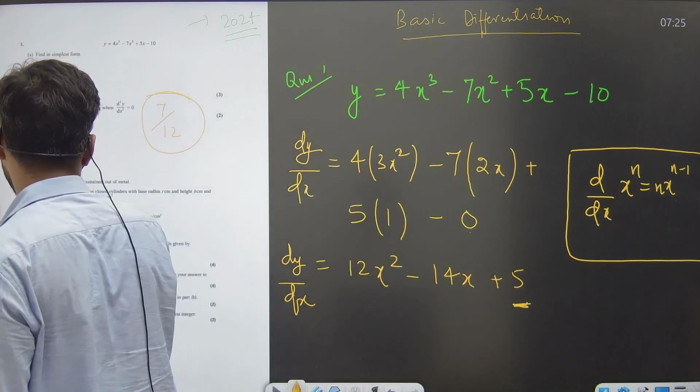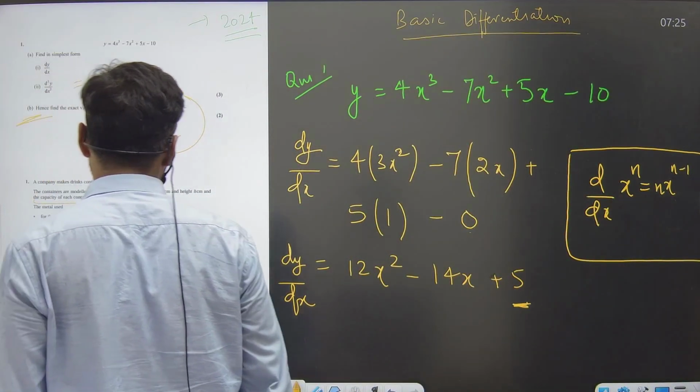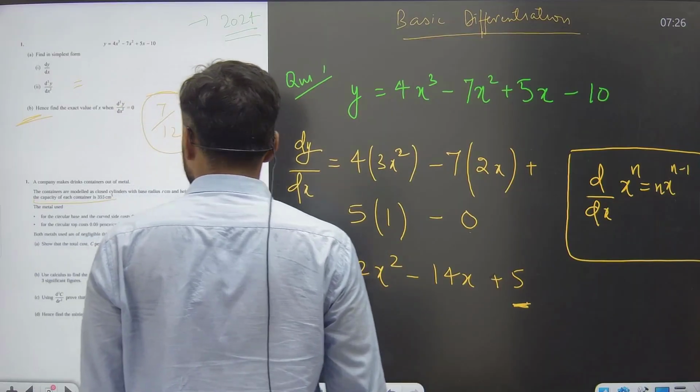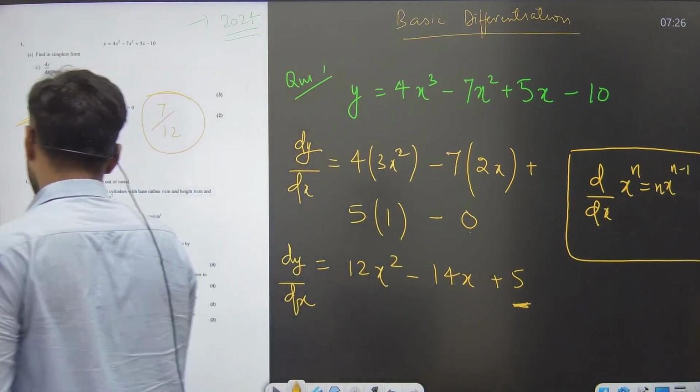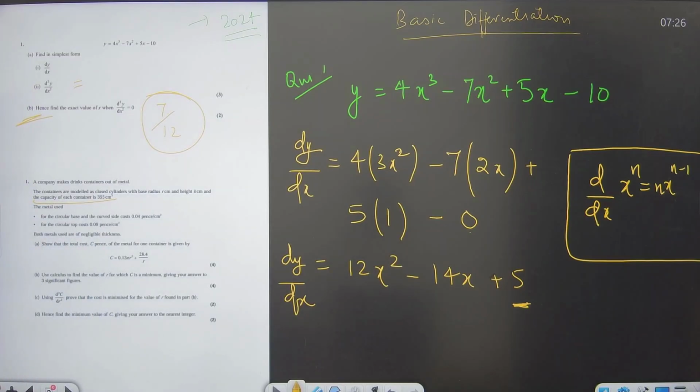The capacity of each container is 355 centimeters cubed. The metal used for the circular base and the curved side costs 0.04 pence per centimeter squared. The circular top costs 0.09 pence per centimeter squared. So let's do it.